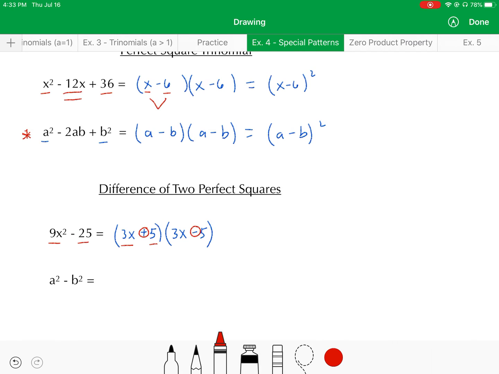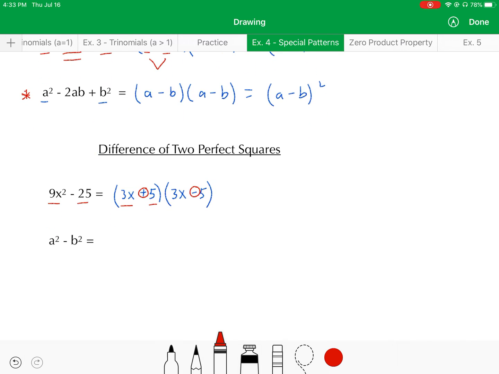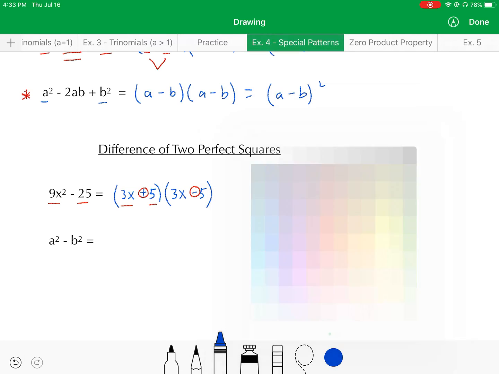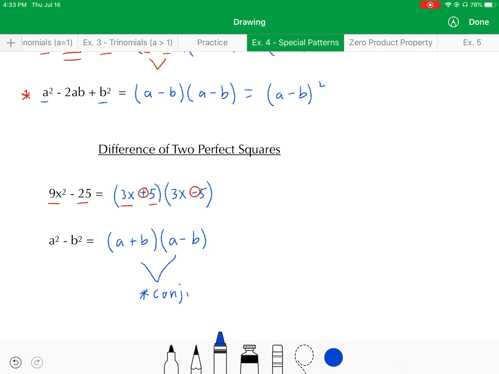Okay, so 3x plus 5 and 3x minus 5, these are what we call conjugates of each other. So in general, if you have a difference of perfect squares in the form a squared minus b squared, we can say that this factors to a plus b times a minus b, where once again, these are conjugates of one another.